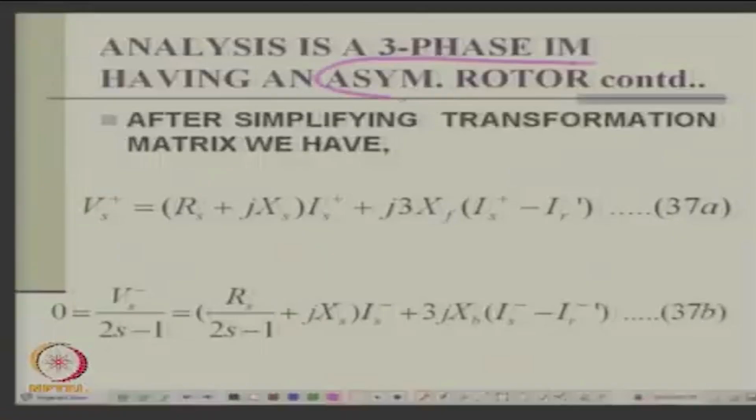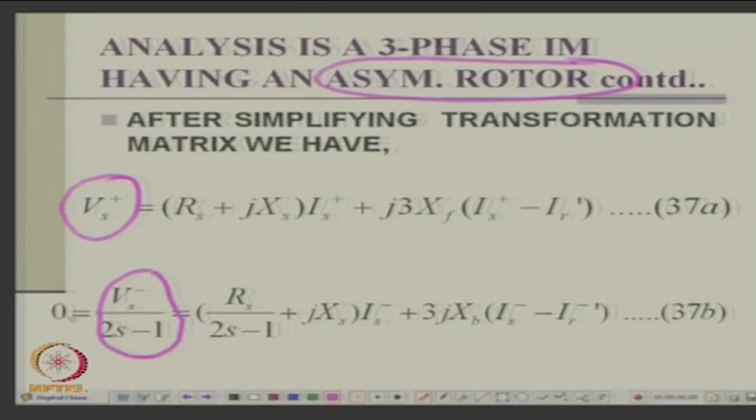Therefore, if you want to analyze with an asymmetrical rotor, you can do the same thing. You have Vs plus, you can write the expression, and you have Vs minus, because of 2s minus 1, there is another frequency in the stator. One will give rise to positive sequence current, another gives rise to negative sequence currents, and you write this equation.